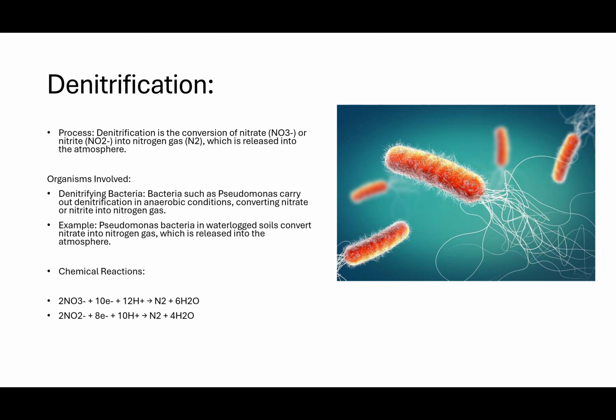So denitrifying bacteria such as Pseudomonas carry out denitrification in anaerobic conditions, converting nitrates or nitrites back into nitrogen gas. Pseudomonas bacteria in waterlogged soils convert nitrate and nitrite into nitrogen gas.